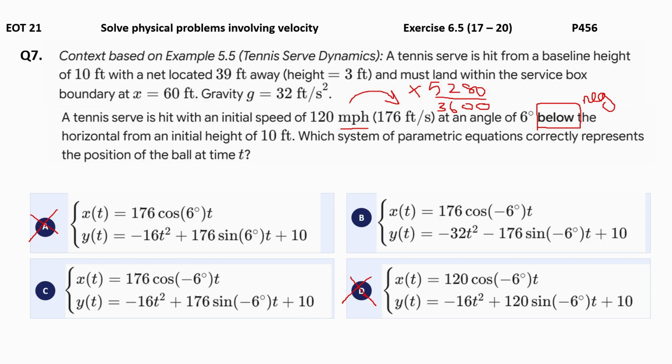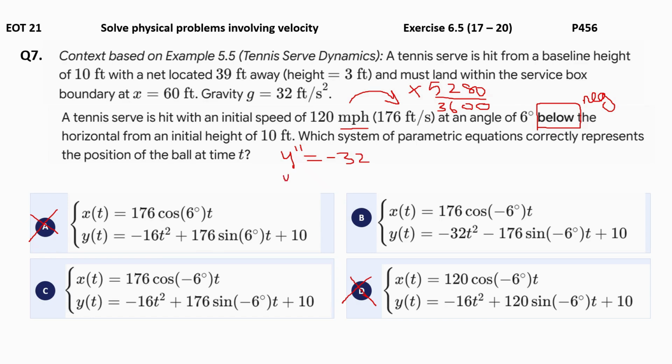Now let's look for your y of t. If you recall, your acceleration gets integrated. When you have y double prime, you will be getting negative 32. That's your acceleration.